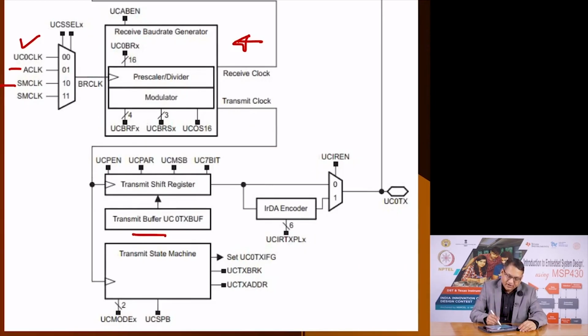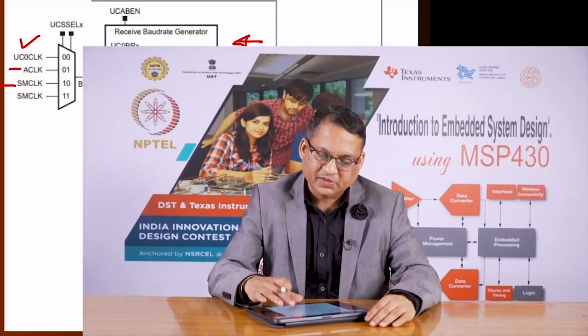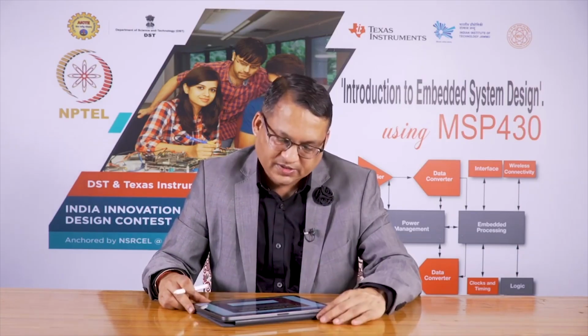From the transmit buffer, it is transferred into the shift register, so that the data is serialized and sent out through the TX pin. That is essentially the entire simplified explanation of how the UART module on MSP430 works. Of course, to be able to do that, it requires many registers, and we will just go through those registers.